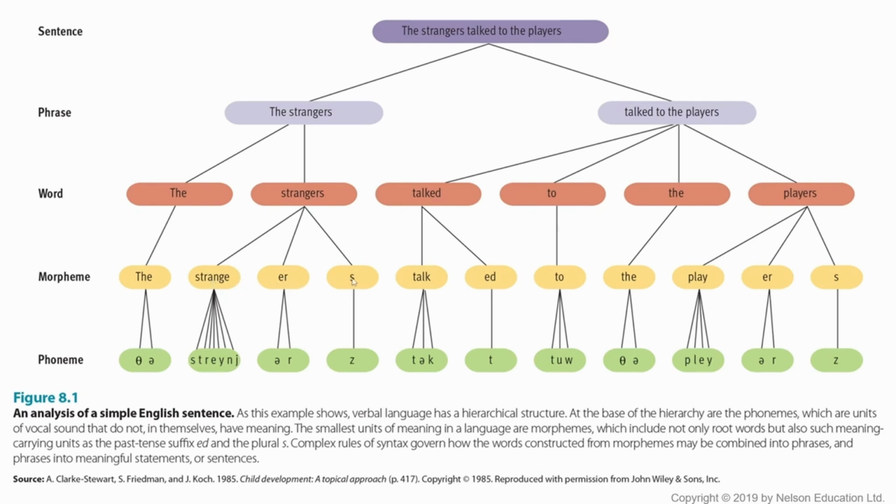Then by adding that S at the end, strangers, that's a Z sound, and that S is also a morpheme in and of itself because it assigns meaning. So we've learned strange, ER, is a person who is strange, and now there is more than one person who is strange. All of these give us distinct meanings that modify the original word.